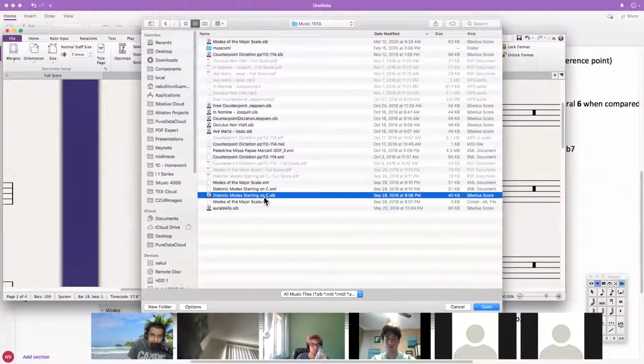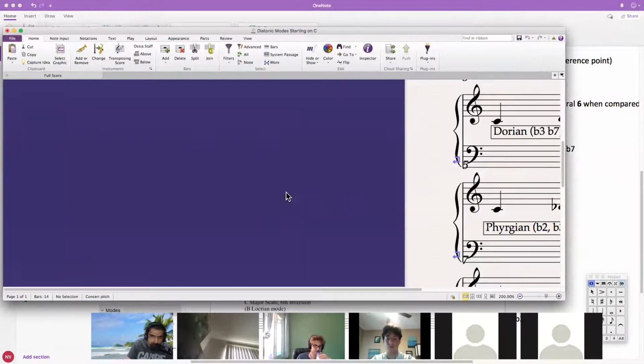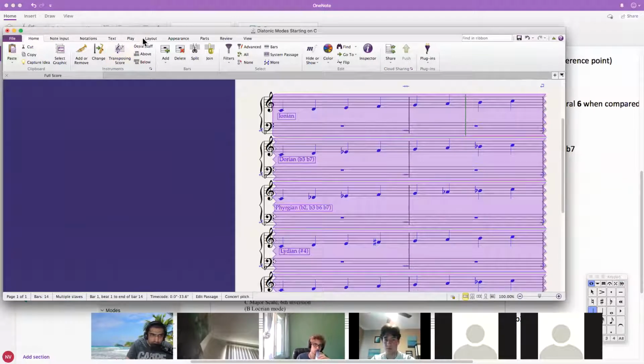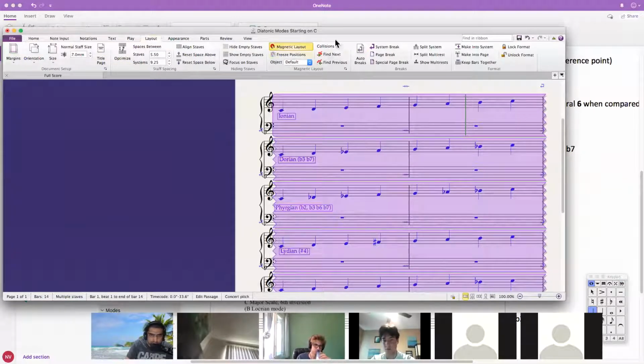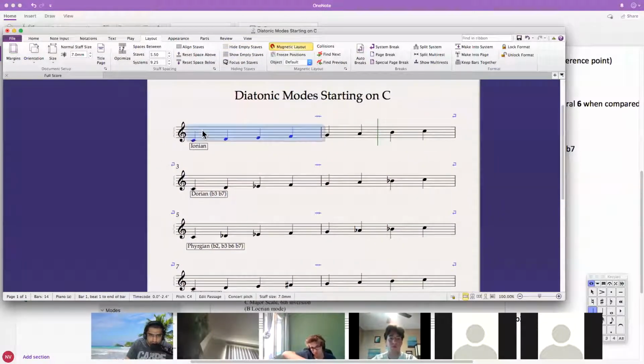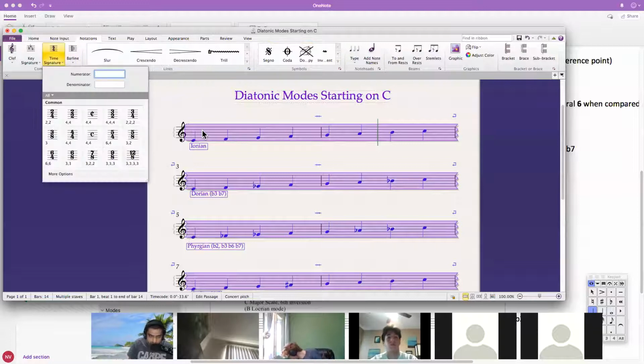Okay, it's this document right here. Let me actually remove the hidden staves. Okay. Sorry, I'm being a little neurotic here.